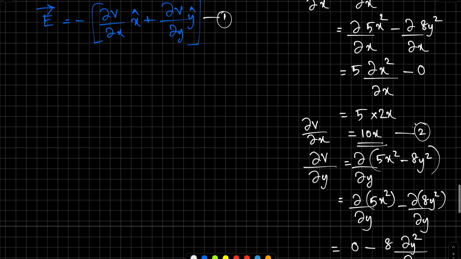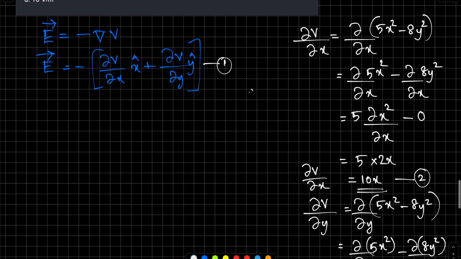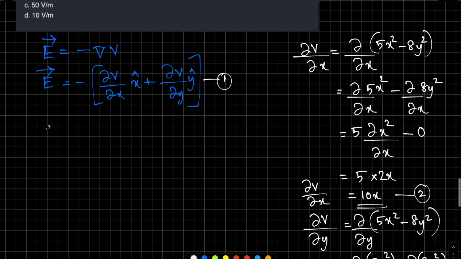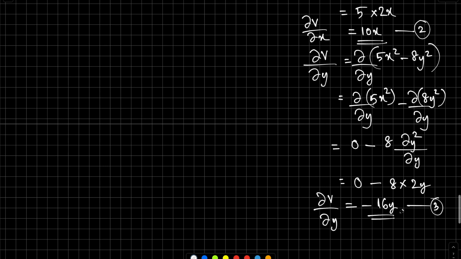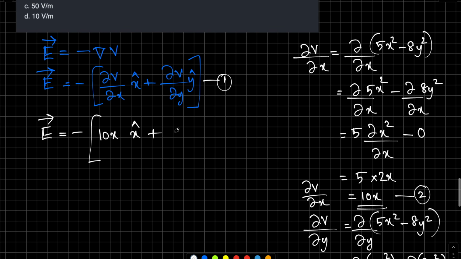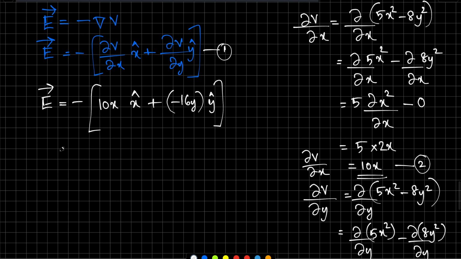Okay, so let's substitute equation number 2 and equation number 3 back in equation number 1. So E equals minus of dou v by dou x. Dou v by dou x is equation number 2, 10x. 10x x cap plus dou v by dou y is minus 16y. So minus 16y y cap. Multiply negative sign into the bracket.